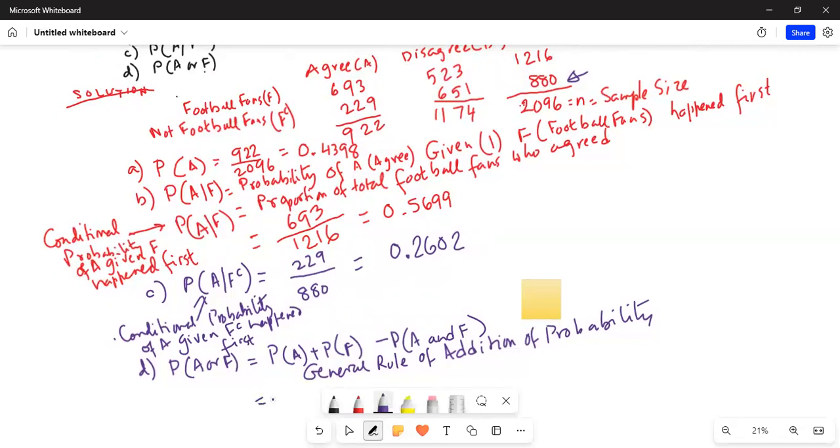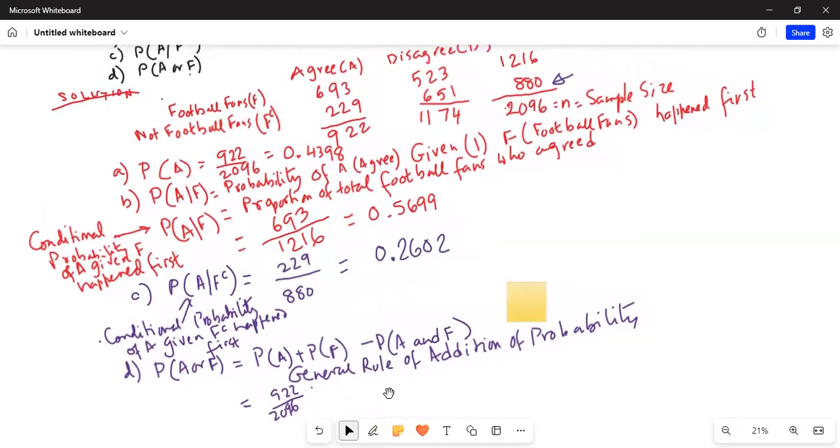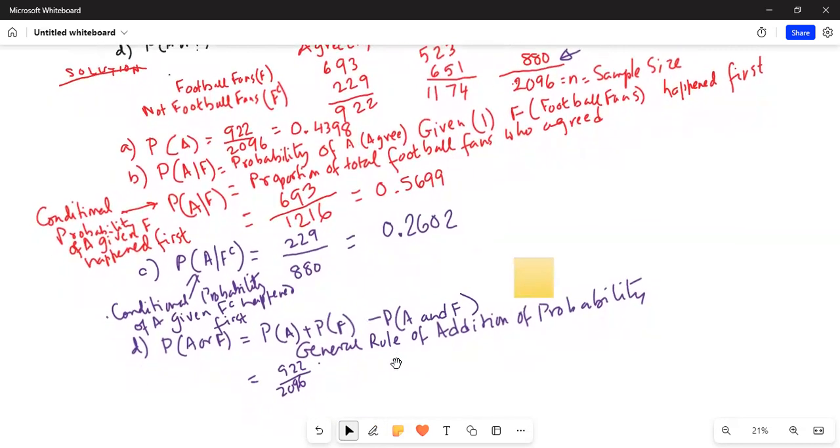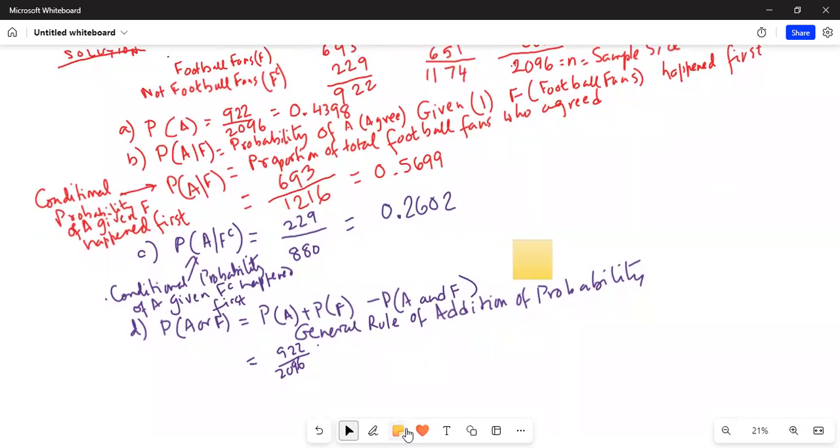So probability of A is the total of A. Total of the agree column is 922 out of the sample size of 2096. Plus probability of football fans, the total of football fans is 1216, out of a grand total sample size of 2096.